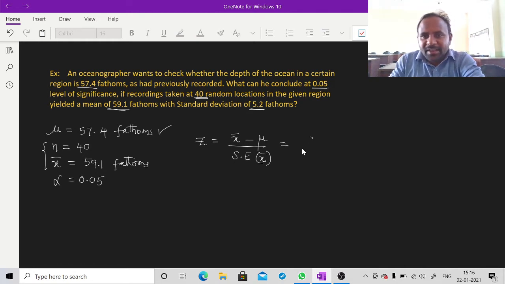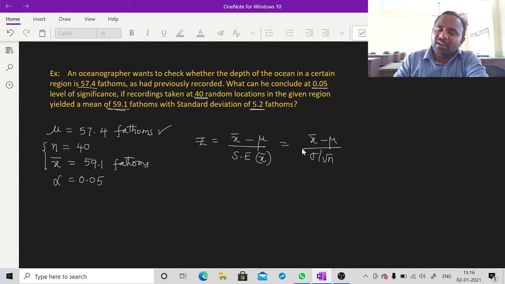That is x bar minus mu divided by sigma by root n. Sigma by root n is the standard error of the statistic x bar. So this is the test statistic we use in the test process.